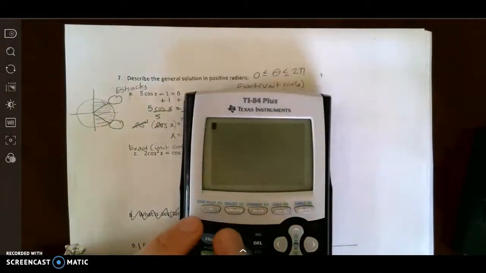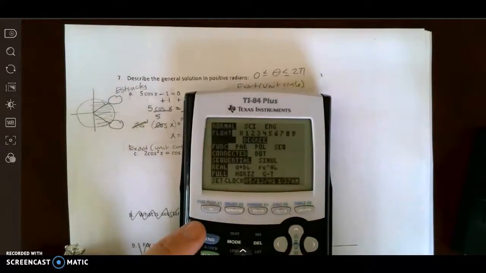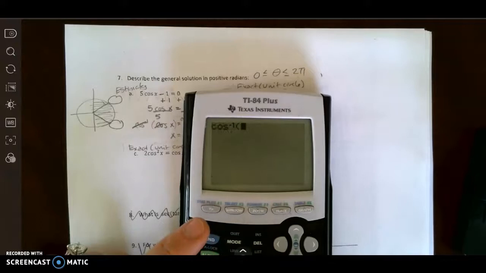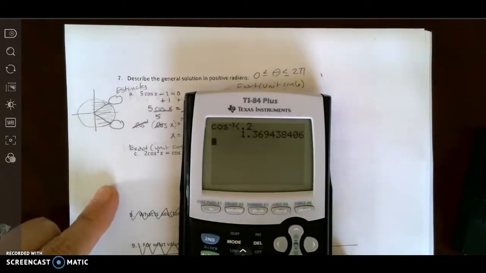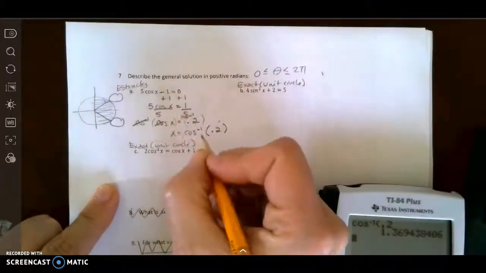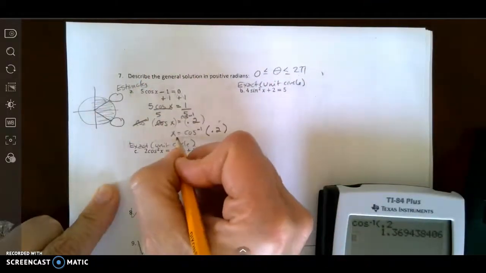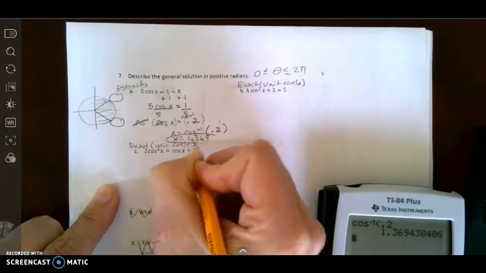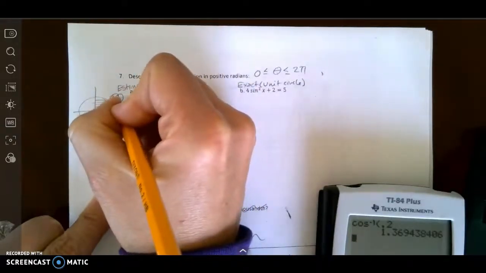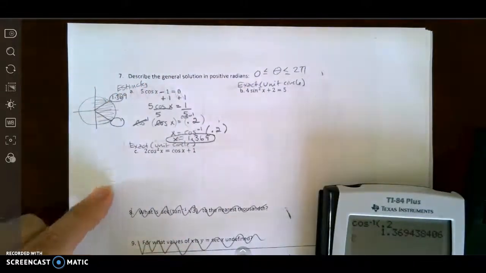First, I need to make sure my calculator is in radians, and then do inverse cosine. I can either do 1/5 or 0.2, and I get 1.369. So x equals 1.369. That's one of my answers. That would be my quadrant 1 answer.